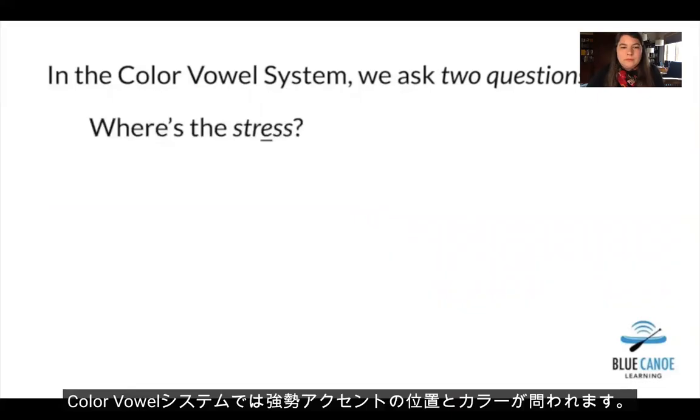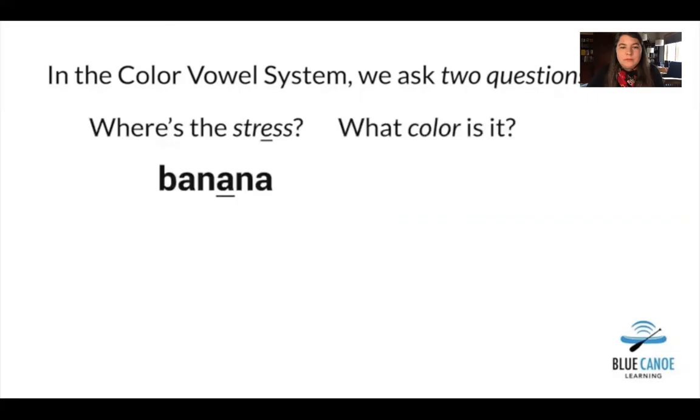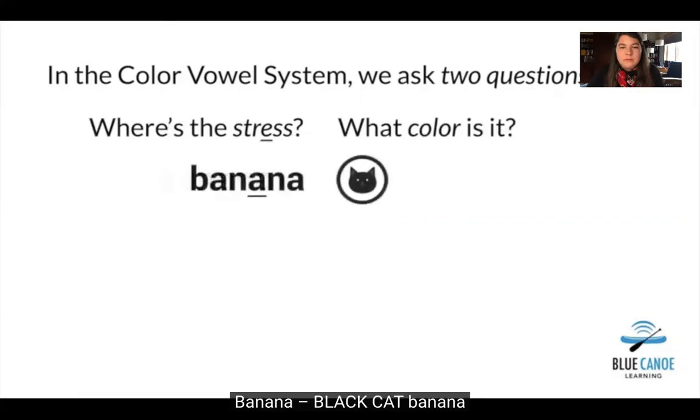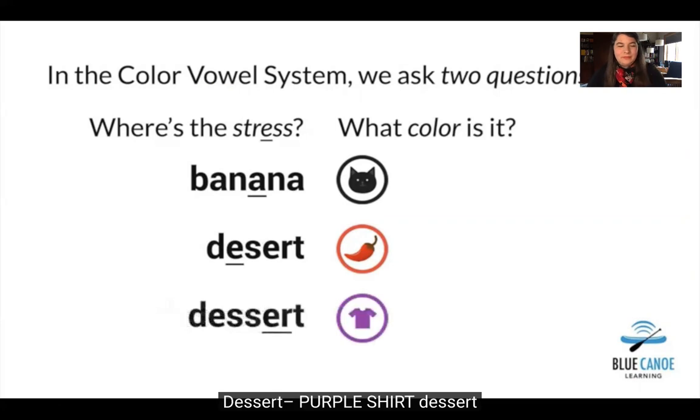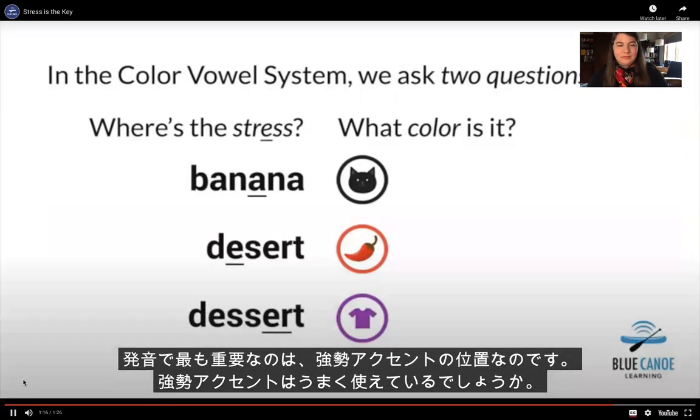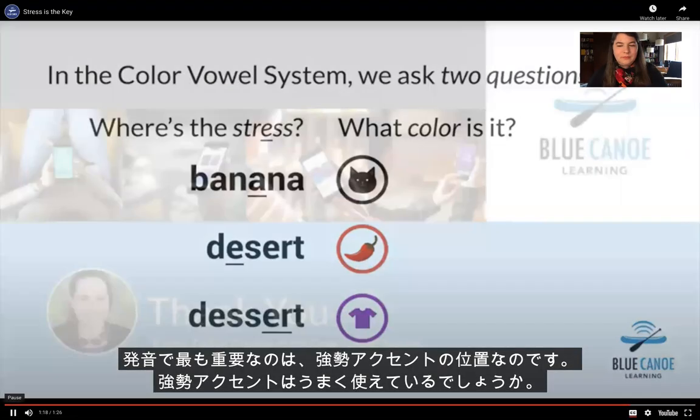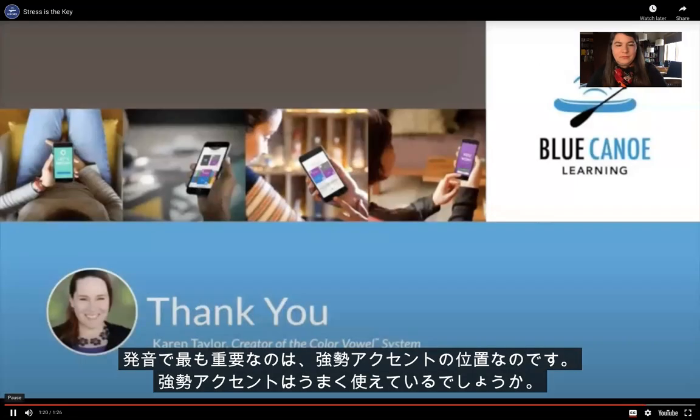Where's the stress and what color is it? Banana, black cat, banana. Desert, red pepper, desert. Dessert, purple shirt, dessert. Stress is the key to effective spoken English. Do you use enough stress?